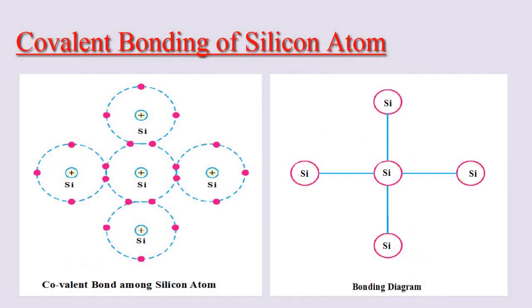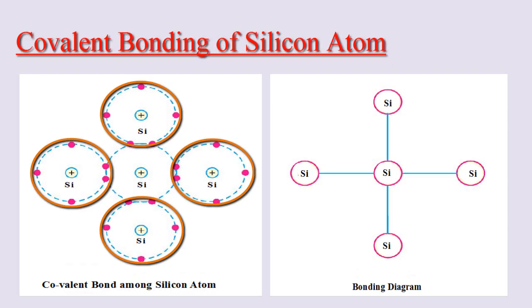Figure shows the covalent bonds among silicon atoms. A silicon atom has 4 valence electrons. It is the tendency of each atom to have 8 electrons in the last orbit. Hence, each silicon atom positions itself between 4 other silicon atoms as shown in the first figure.